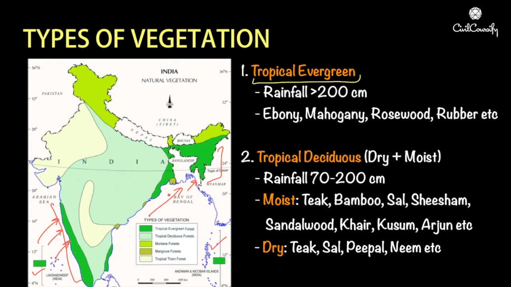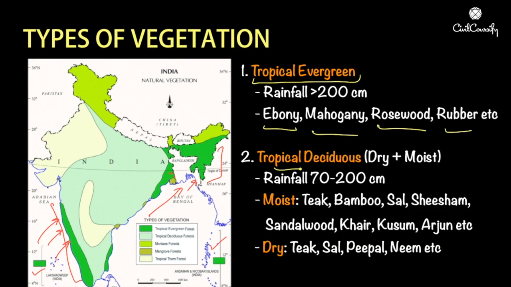We've already discussed this in the Indian monsoon video. And the southeastern and northeastern part of Odisha and the southeastern part of Bengal. These regions are under the impact of heavy monsoon, and they fall under tropical evergreen forest. The vegetation of tropical evergreen forests includes trees such as ebony, mahogany, rosewood, rubber, etc.